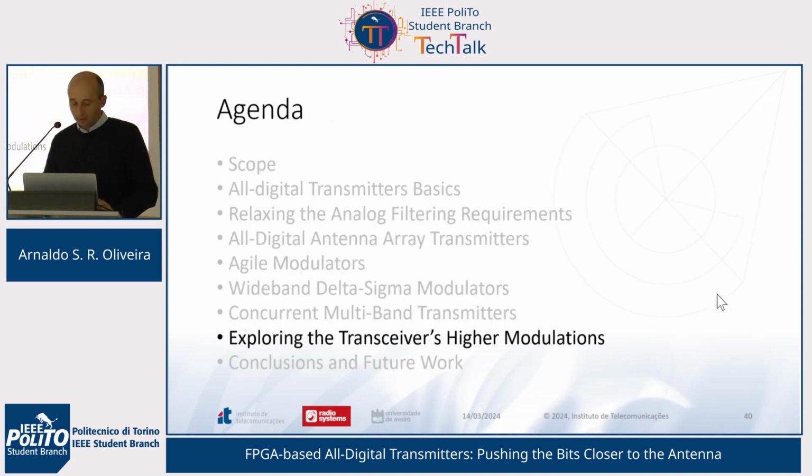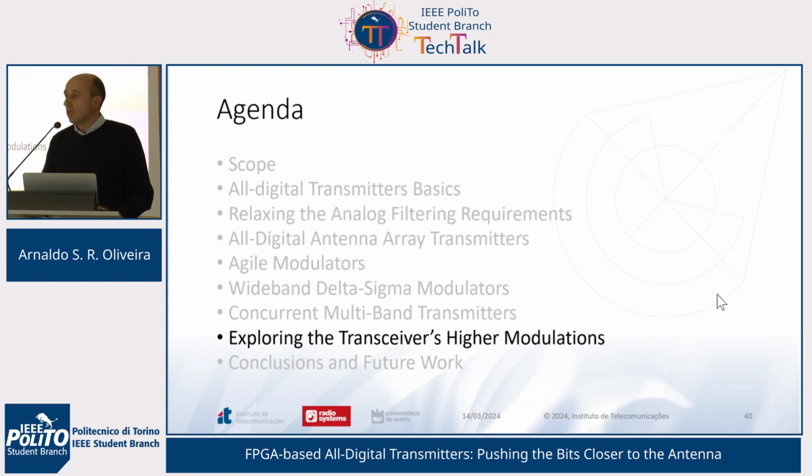And finally, the last contribution involves basically exploring the higher order modulation of current FPGA transceivers. In the past, and currently yet, most of the FPGA digital transceivers are 2-level transceivers, which means non-return to zero.